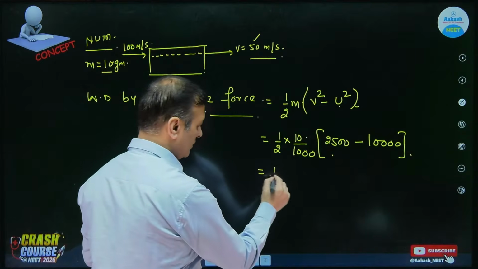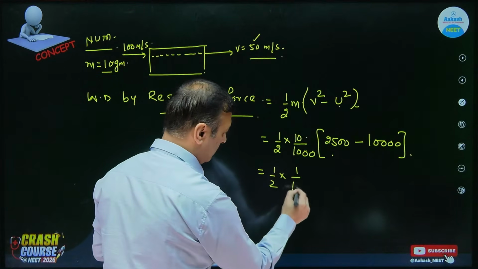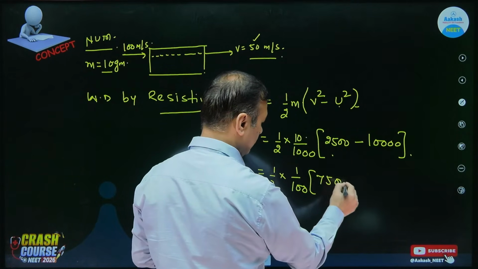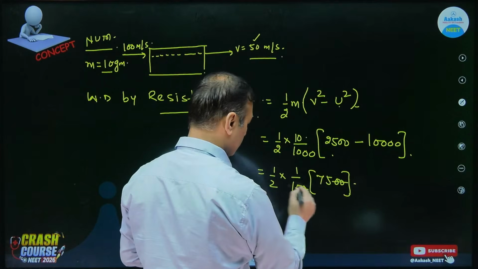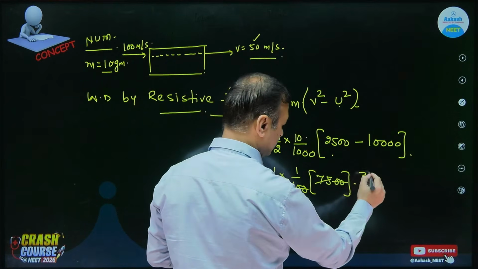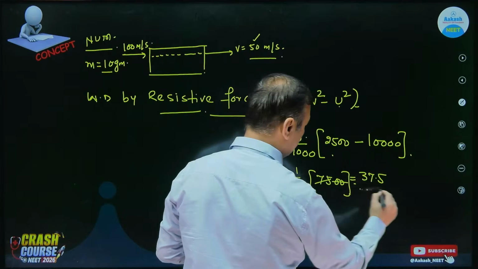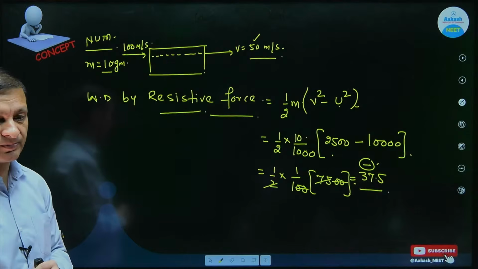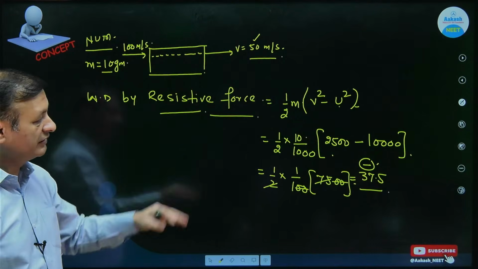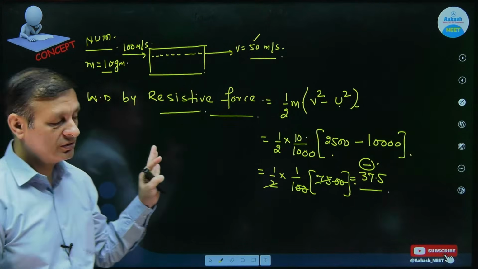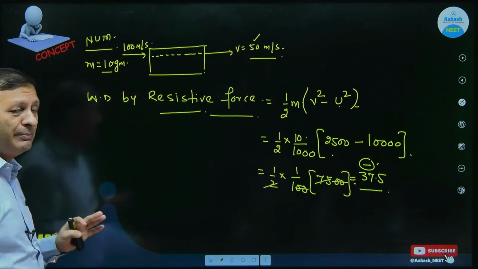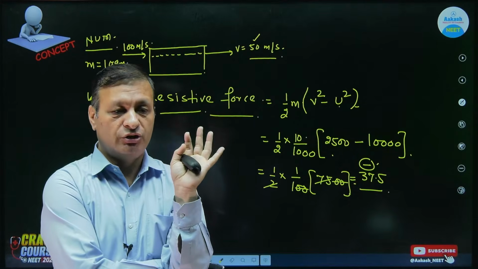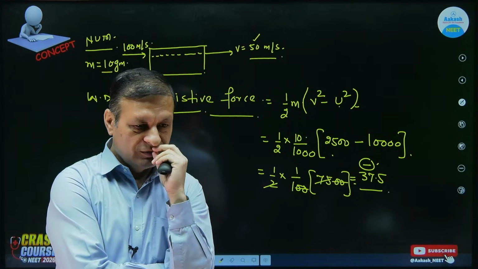So that means half into 1 by 100 and this 10,000 minus this gives you 7500. So this goes with this and this goes with this, so that makes it 37.5. Definitely this is a negative sign, so the negative sign indicates it's the work done by the resistive force. Got it or not? So we have just attempted the work energy theorem and 2 numericals based on it.